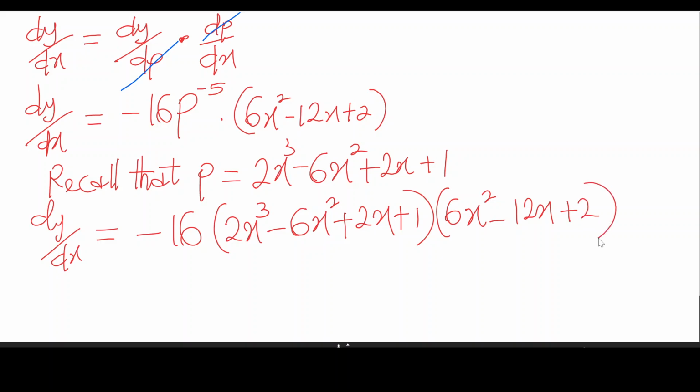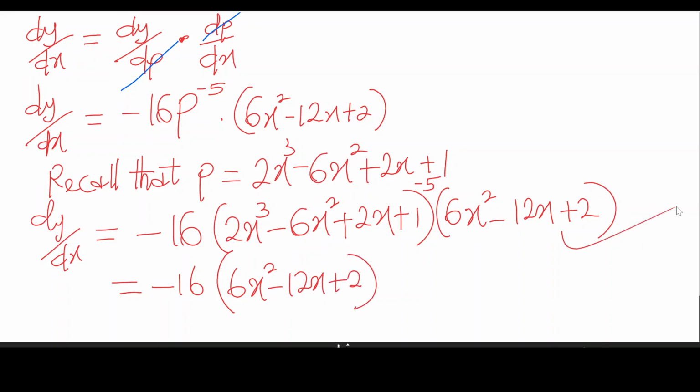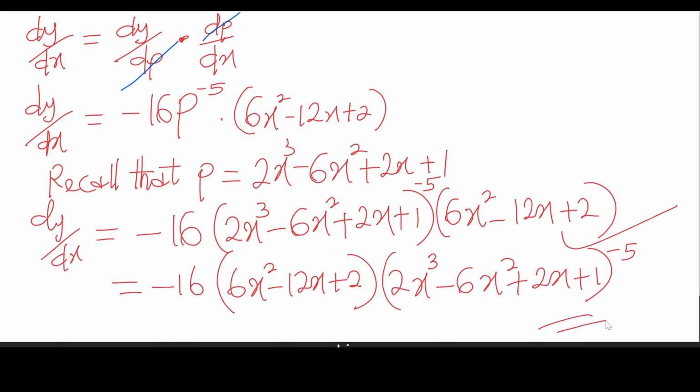So this is the final answer. Let me rewrite it: negative 16 first, then (6x squared minus 12x plus 2), then multiplying again (2x cubed minus 6x squared plus 2x plus 1) raised to the power of negative 5. And that's the final answer.